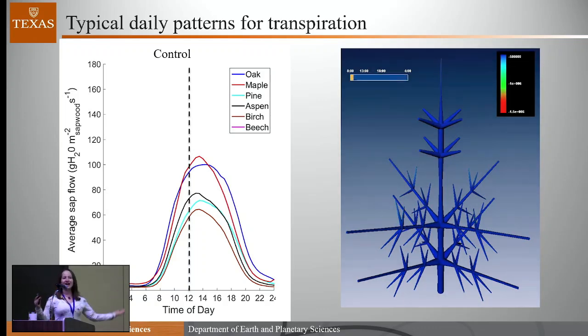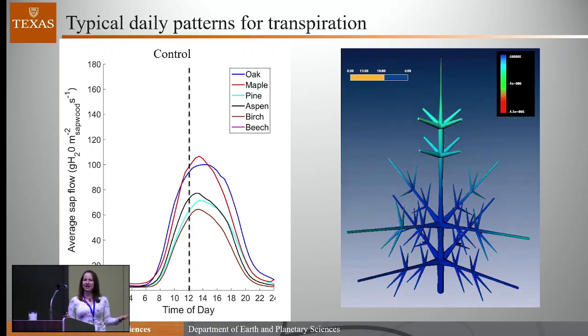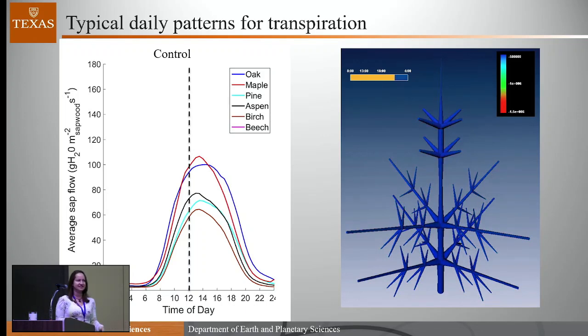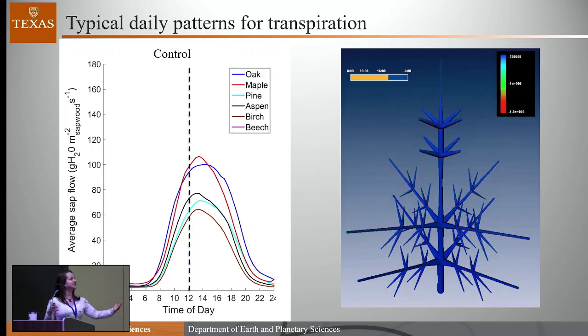And so if you're looking at the computer simulation, what's happening over there is that our tree is starting fully hydrated. So think of it as a battery. You're totally charged and blue in the morning, so you've re-equilibrated to as much as you can with whatever your roots are experiencing, either in the soil or in the fractured rock. And as the day goes on, you start to lose water, and you lose water through the distal ends of your branches where your leaves are located, and that's why the ends of the branches become red first, and that propagates inward as that tree stresses out throughout the day.